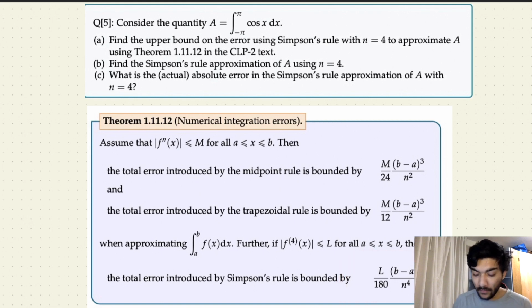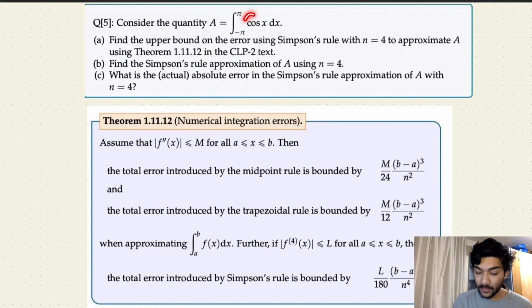So now we know that if we want to calculate the upper bound on the error using Simpson's rule, we have to first calculate L, right? And in order to calculate L, we'll have to calculate the fourth derivative of f(x). In this case, our f(x) is the function for which we are calculating the integral.